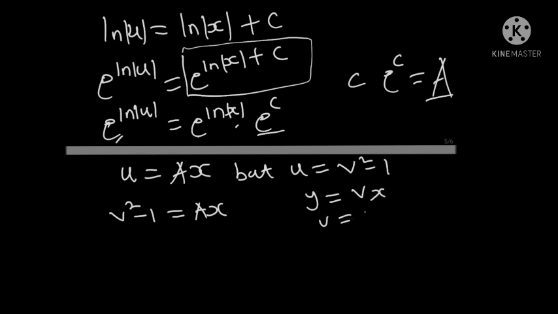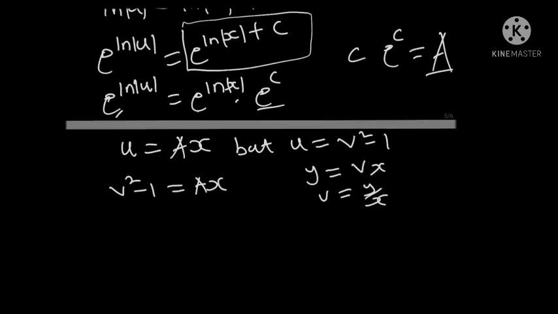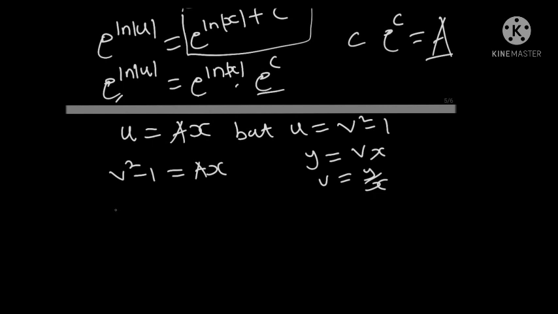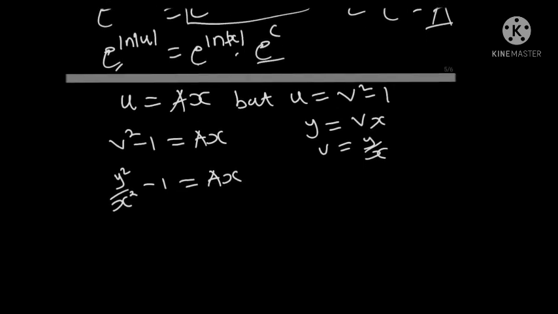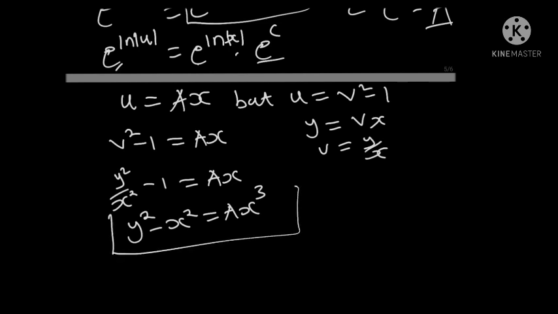Therefore, v equals y over x. So in this equation, we have y squared over x squared minus 1 equals ax. We can multiply all the terms by x squared. So we have y squared minus x squared equals ax cubed. This is the required solution.